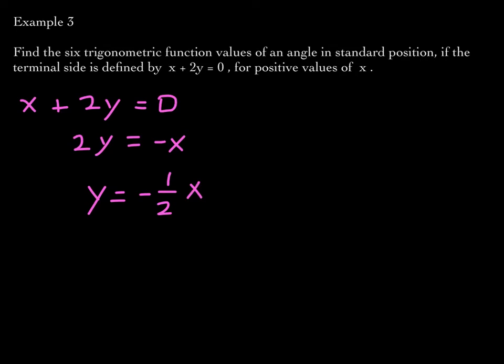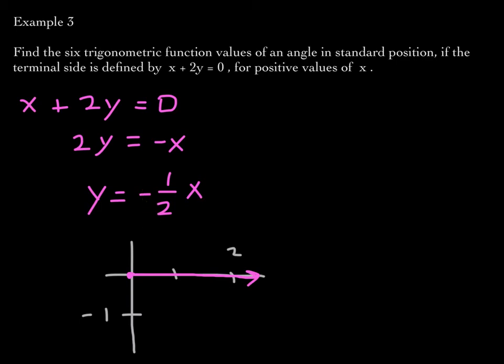So we know that the terminal side will be found by using the slope negative 1/2. So let me show you exactly what that would look like. If this angle is in standard position, that means the vertex is at the origin and the initial side's on the positive x-axis. And the slope is negative 1/2.